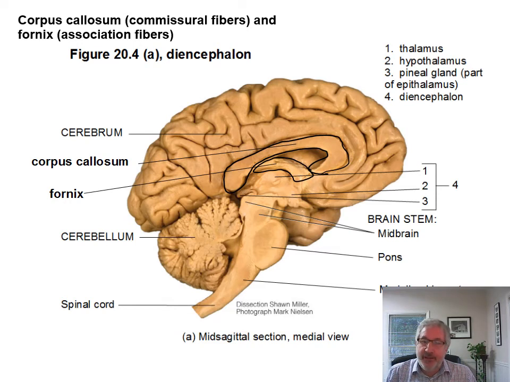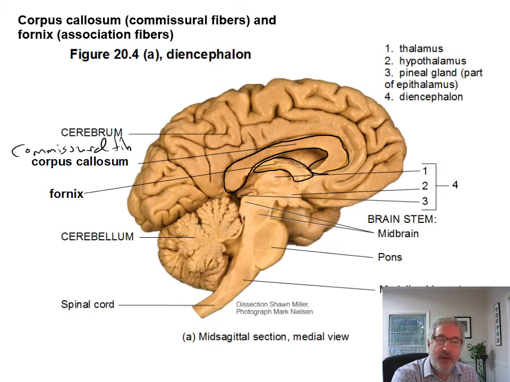So corpus callosum is the commissural fibers. And the fornix is just above the thalamus, which is here. And you have the pineal gland back there, and the hypothalamus here, mammillary body here. So there's your diencephalon region.